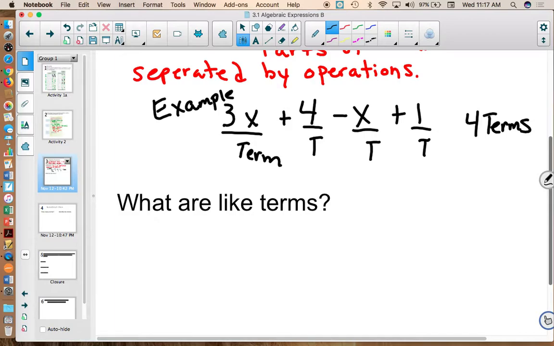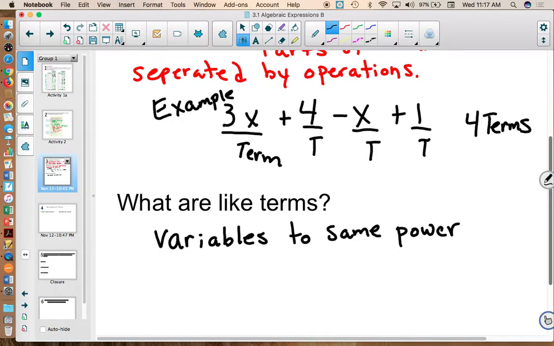So variables to the same power, they are like terms. And constants, which are numbers that don't have anything else going on. They're just, like the 4 is always going to be the 4 because it doesn't have anything else attached to it.